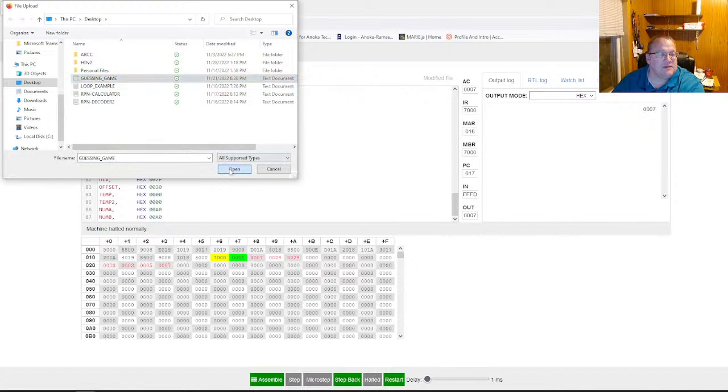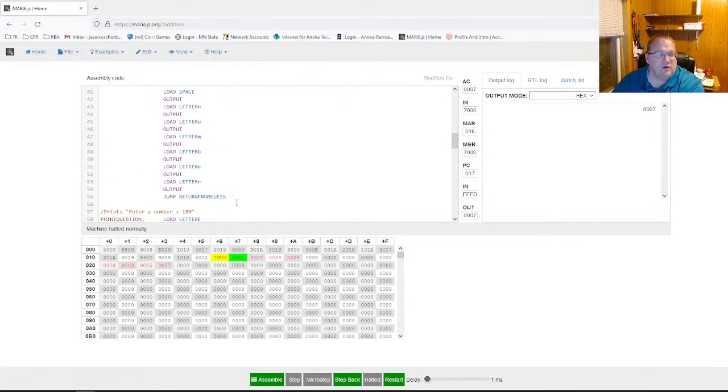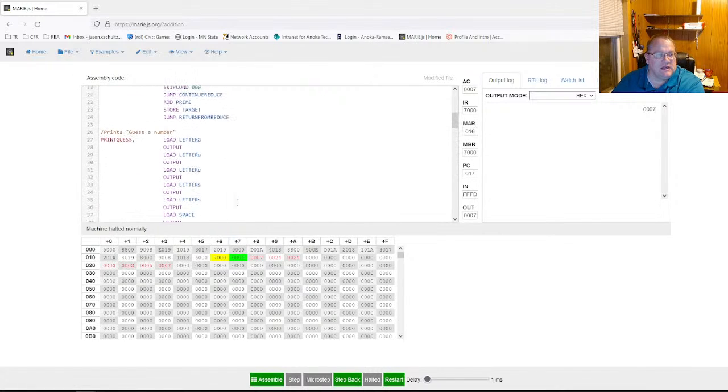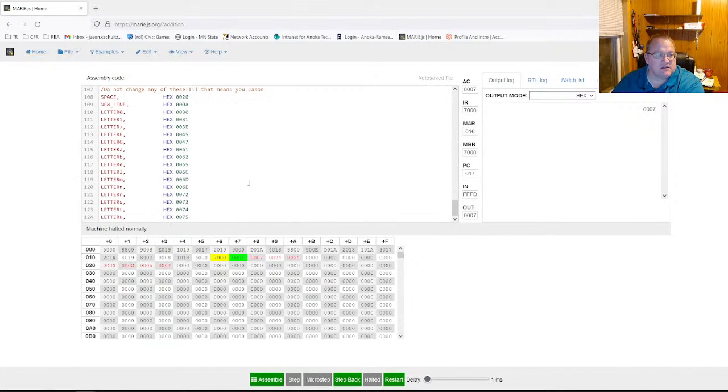But our guessing game did. So remember, our guessing game here, it prints guess a number, print a number. And so this is, like I said, this one's getting quite large. Do not change any of these. That means you, Jason. Okay, yep, perfect. All right. So that should be maybe in bold. I don't know if I can make it bold.